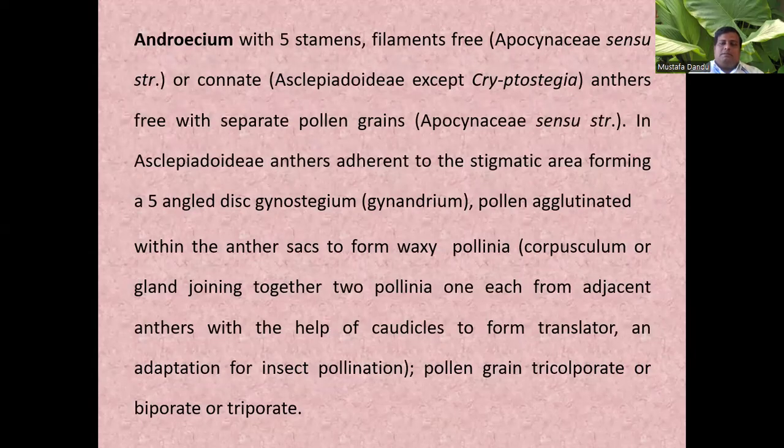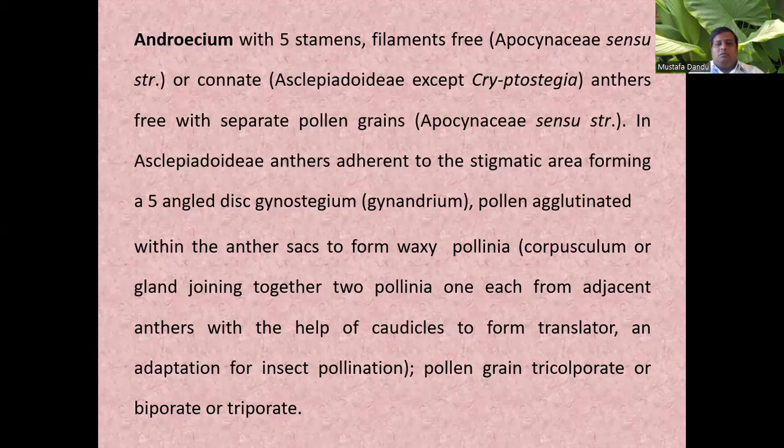Androecium with 5 stamens, filaments free or connate, anthers free with separate pollen grains can be seen. In Asclepiadaceae, anthers adhere to the stigmatic area forming a 5-angled disc known as gynostegium or gynandrium. Pollen is agglutinated within the anther sacs to form waxy pollinia.